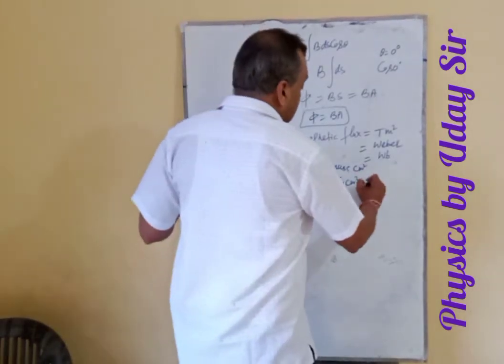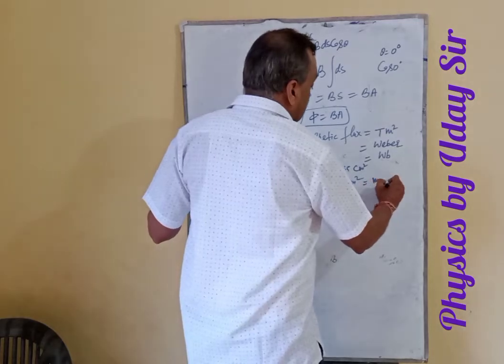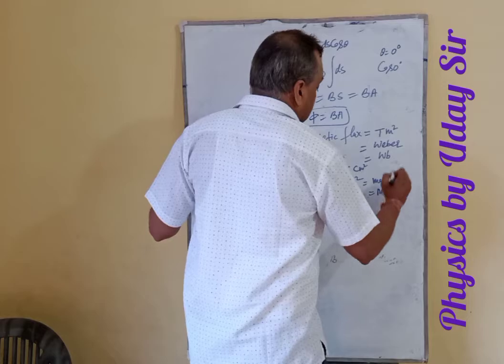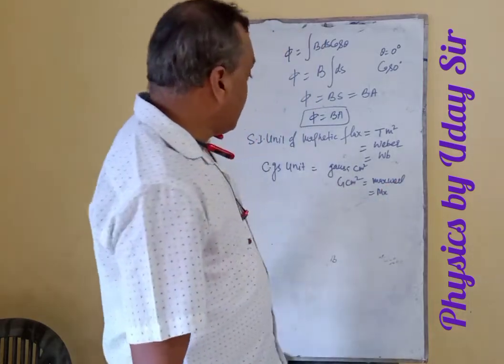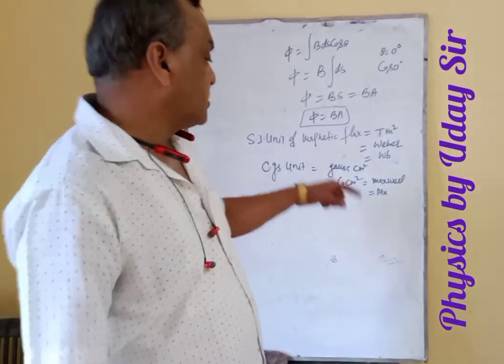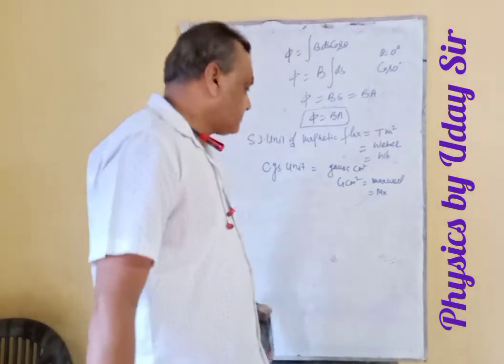And it is called Maxwell, we write MX. So the SI unit of magnetic flux is Weber, and the CGS unit is Maxwell.